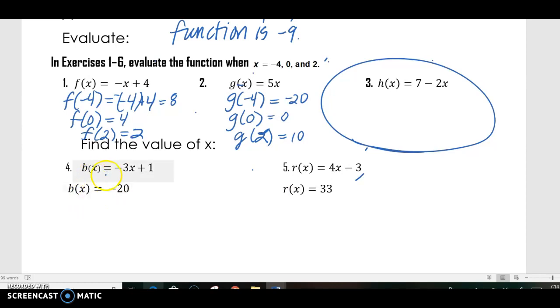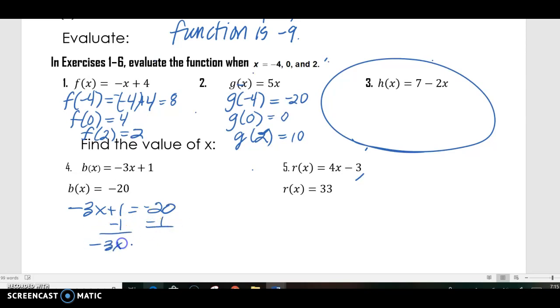Up here it's telling us that the function b of x is equal to negative 3x plus 1. So we want to know what is the value of x when the function value is negative 20. You set those equal to one another, and then you just solve using your equation work.